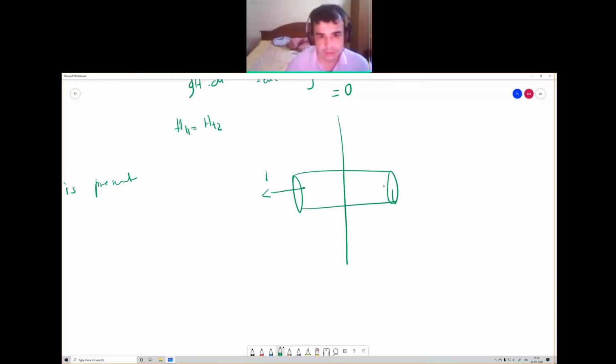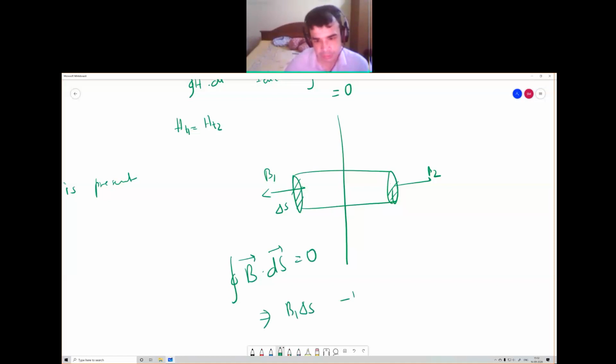This is B1, this is B2, the area is delta S. We apply Gauss's law for magnetism, closed integral of B dot dS equal to 0. This is always true. So B1 delta S minus B2 delta S is 0, or B1 equal to B2.